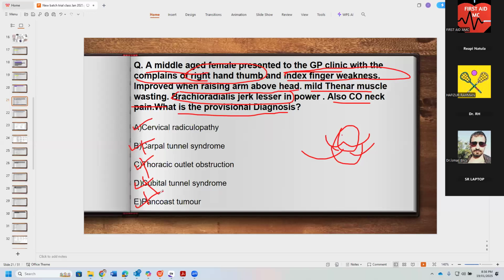So it will cause, yes, miosis, ptosis, and anhidrosis, very good. And also because it's present in the area where the brachial plexus is passing just behind the apex of the lung, it can present with tingling, numbness, and weakness of the arm, or distribution of the brachial plexus as well.